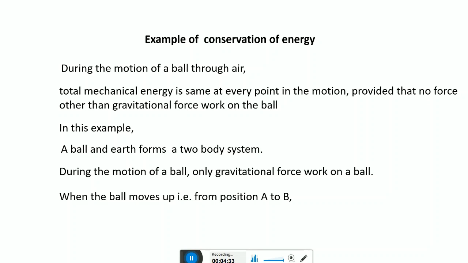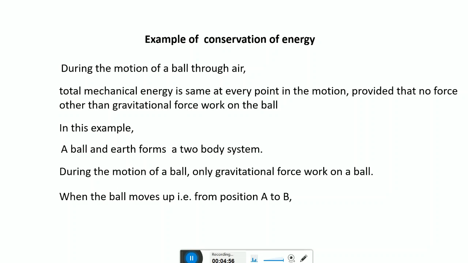Now an example of conservation of energy. We know during the motion of a ball through air, total mechanical energy is the same at every point in the motion, provided no force other than gravitational force works on the ball.